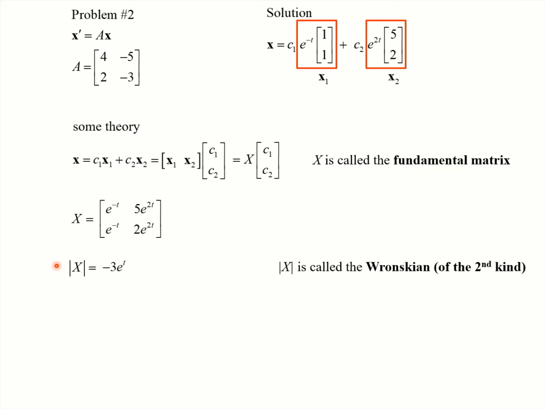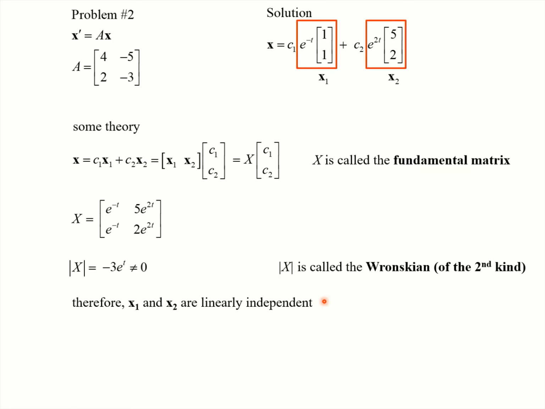Now, what we can do is we can say that that Wronskian does not equal 0 on the interval from negative infinity to infinity, or just any interval. It does not equal 0. And because of some theory we had before from linear algebra, we can conclude that x1 and x2 are linearly independent. So there's talk in your book about this.